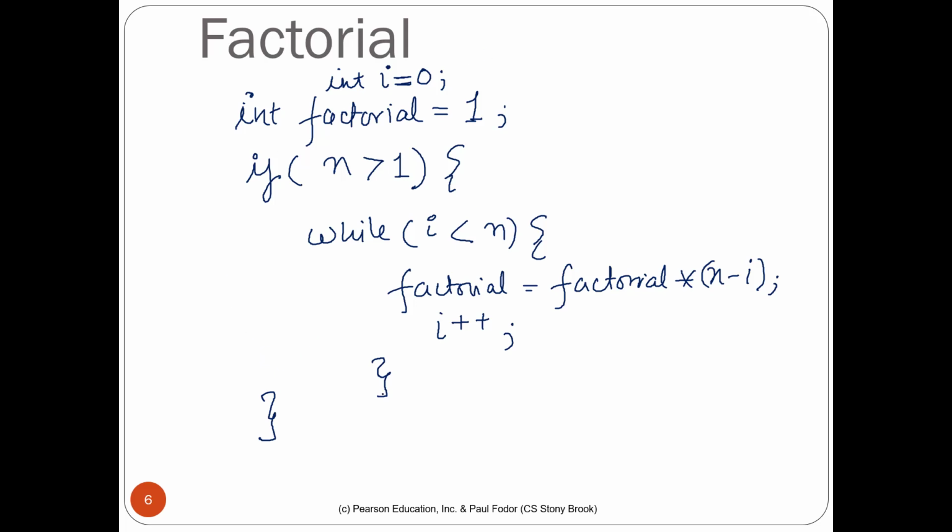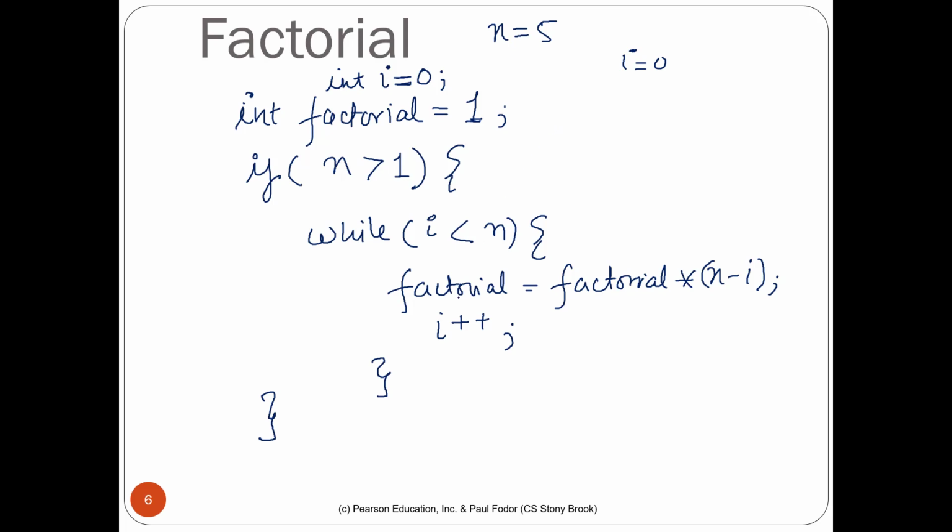So let me show you that this is correct by running it for n is equal to 5. So when n is equal to 5, what will happen? Your i will be 0, factorial you initialize to be 1, okay, and n is greater than 1, right? So i is 0 here, you check is i less than n, that is correct, 0 is less than 5.